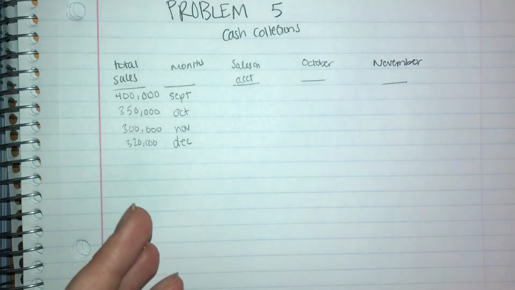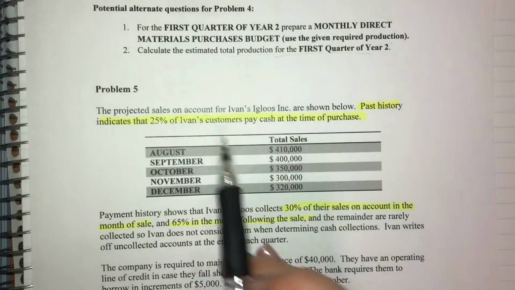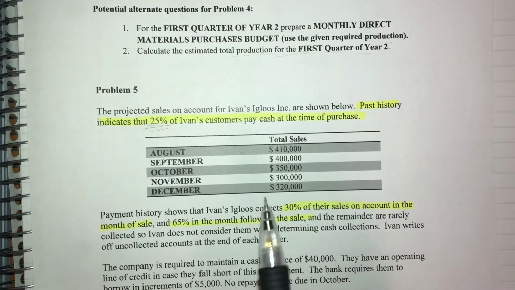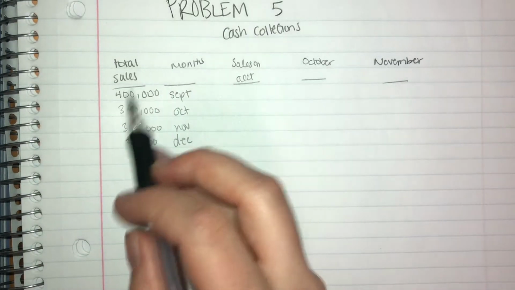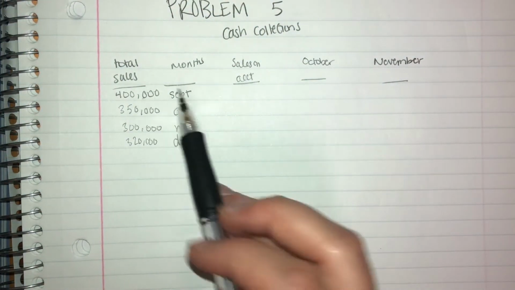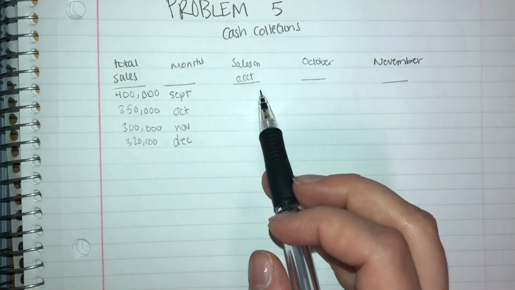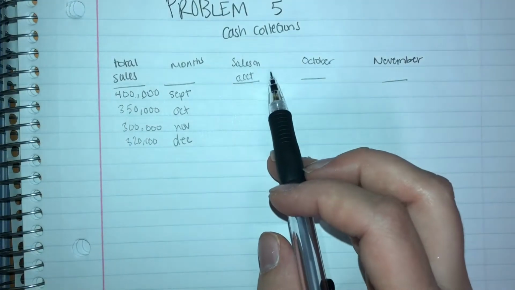And then there was that comment about the 25% that's paid in cash. So we're going to have to reduce our total sales by that in order to find what our sales on account is. We could do this by multiplying 400,000 by 75%, and then you don't have to do any adding or subtracting.